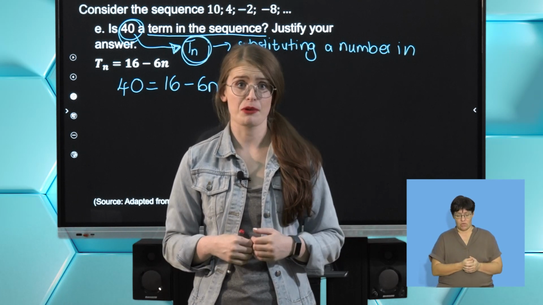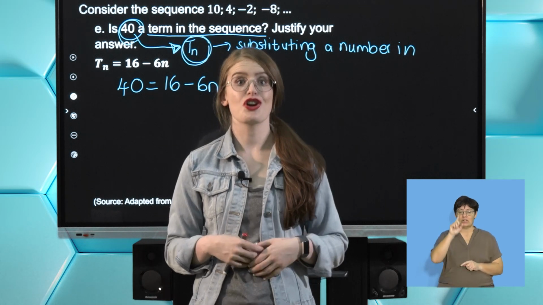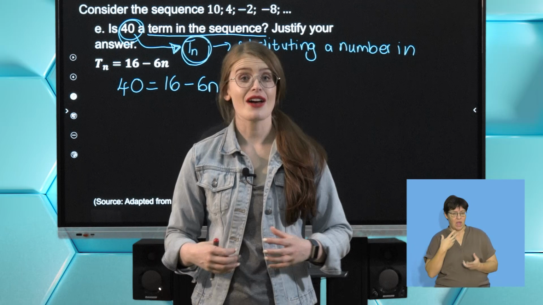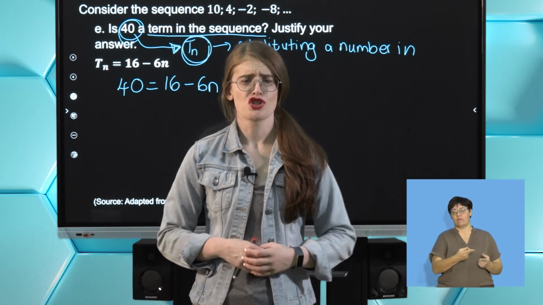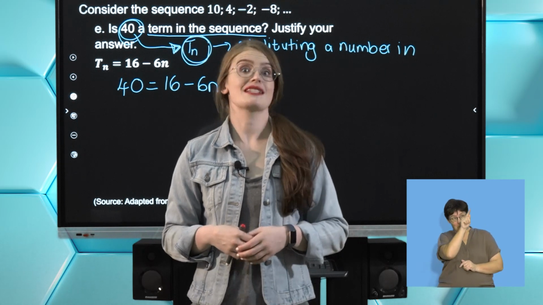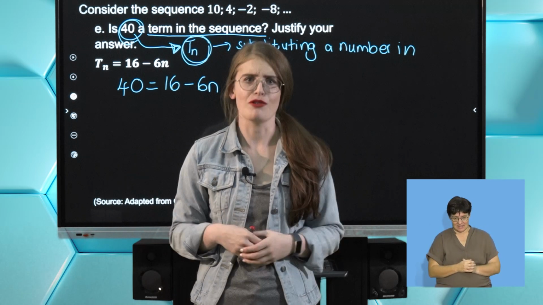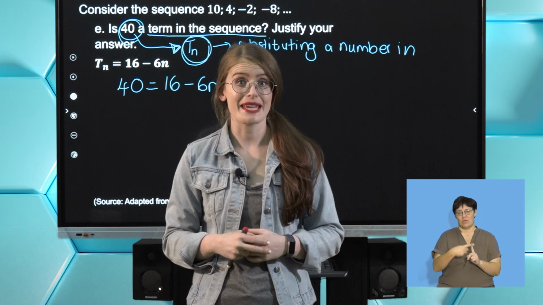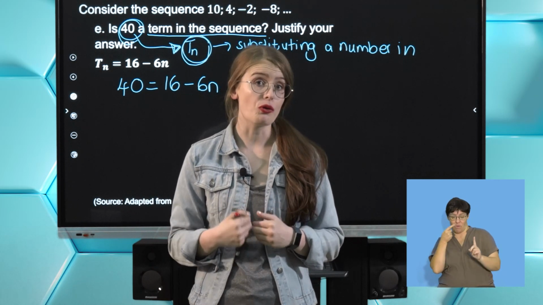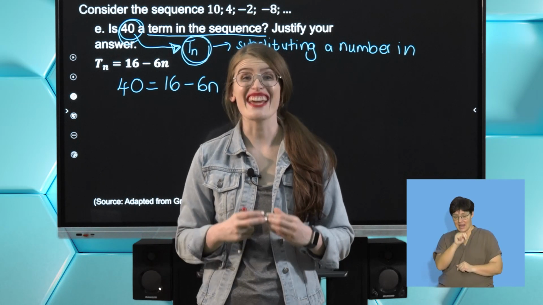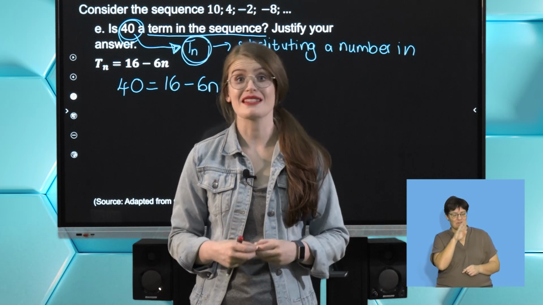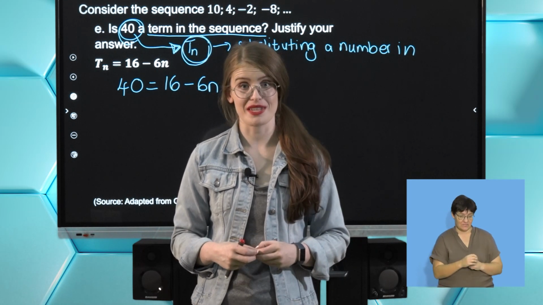We know this because I want to be able to determine term 2 of a pattern or term 100 of a pattern. I never say I want term negative 112 of a pattern or term negative a half of a pattern. It always has to be a whole number. So my whole goal for this question is to see if n is an actual whole number. If it's not a whole number, that means 40 is not a term in the sequence.